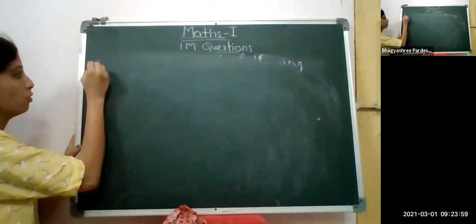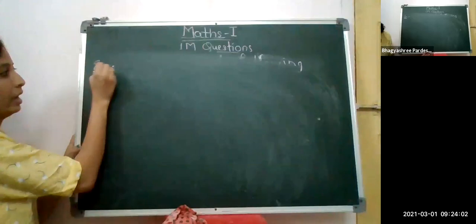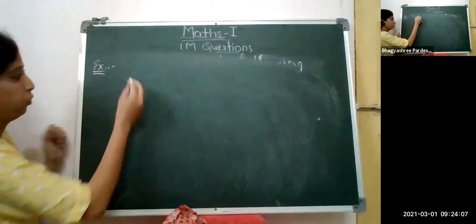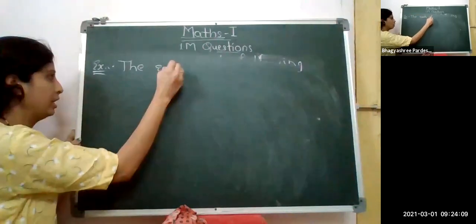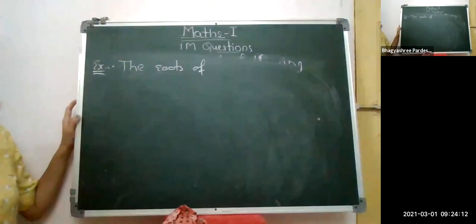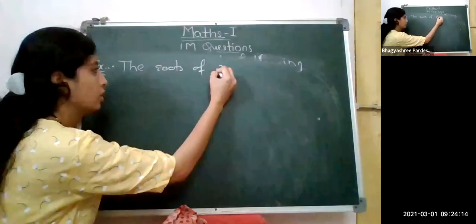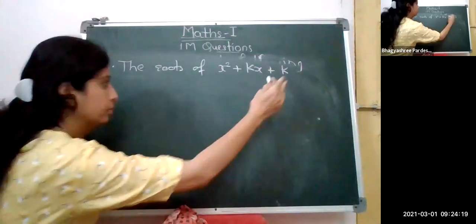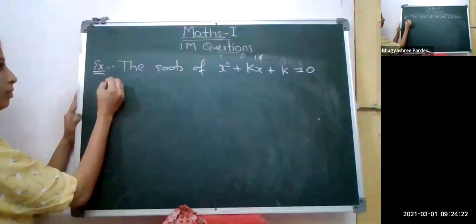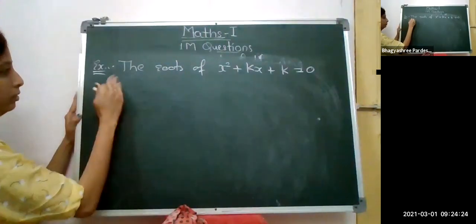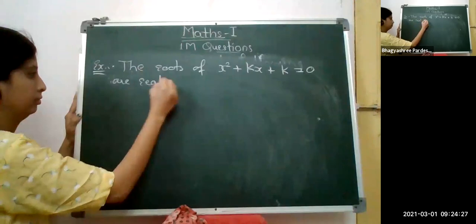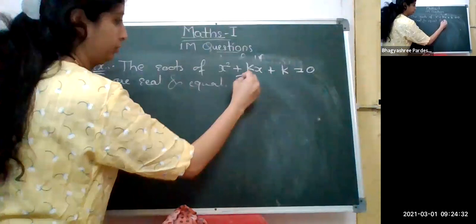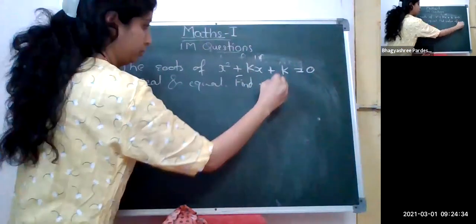One of the important types of question which can again be asked based on the determinant, that is the roots of one quadratic. Again we have to find the value of k here. The roots of one quadratic equation are given to us. What is here, student?